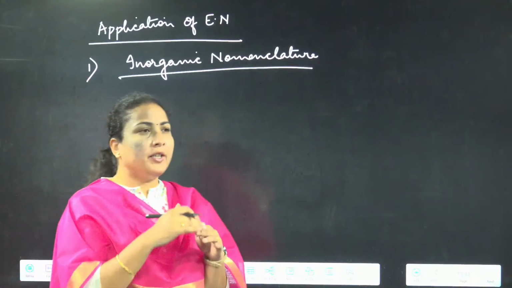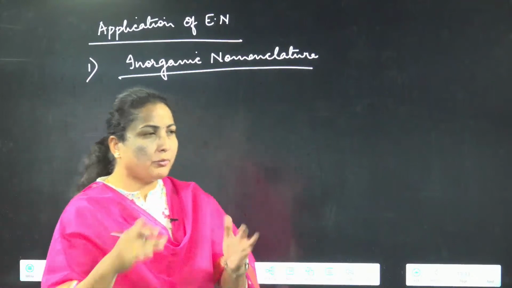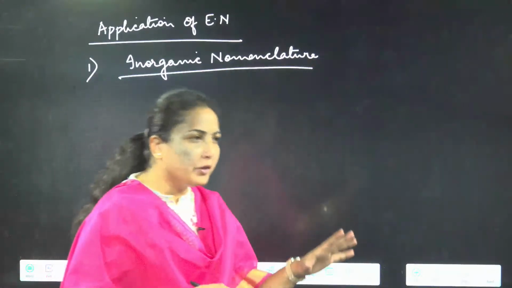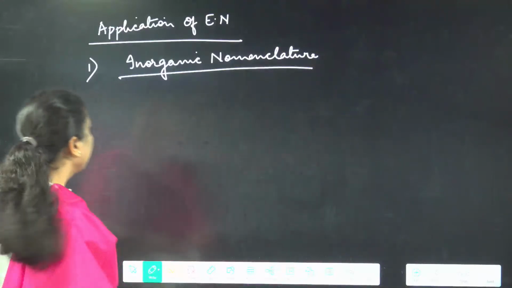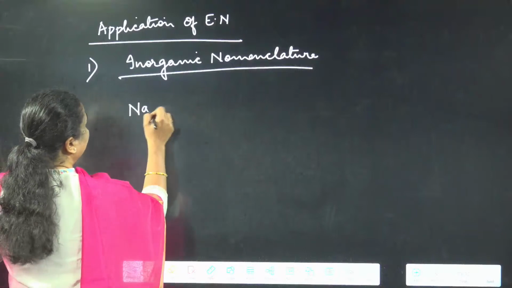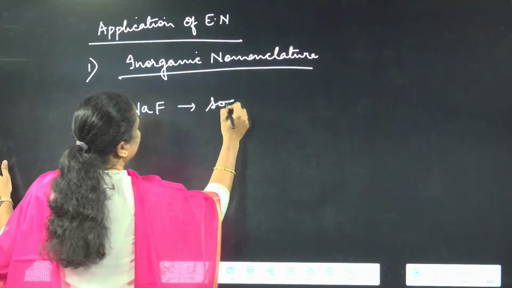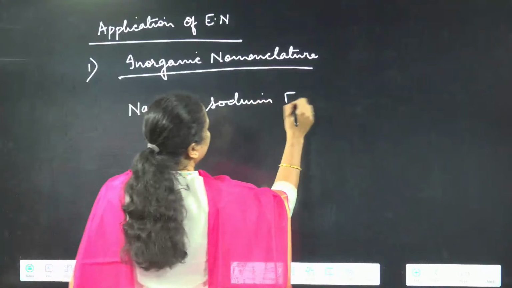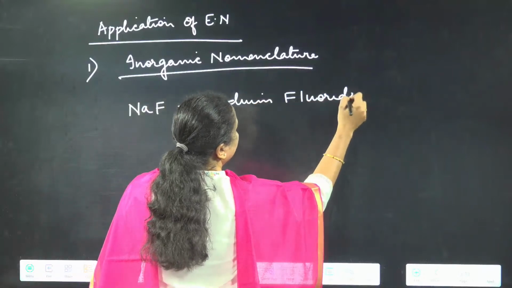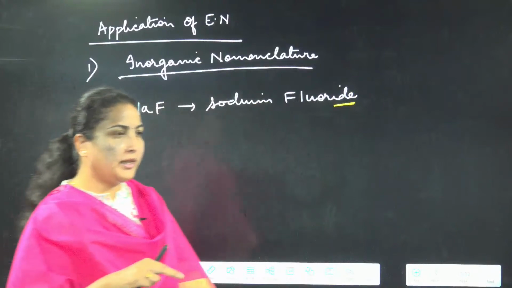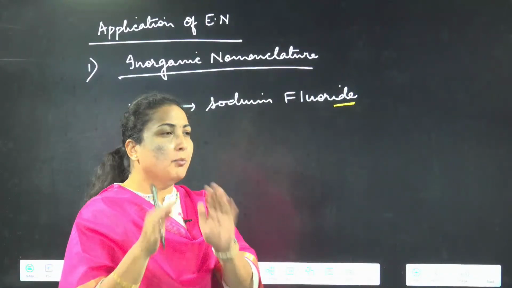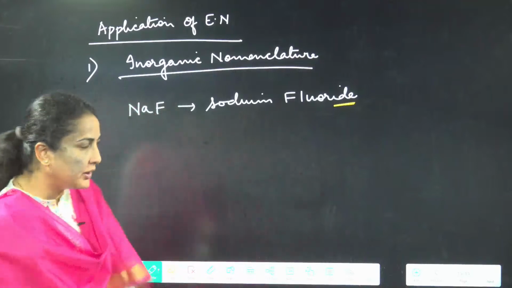Always, from the more electronegative element we expect that an anion will be formed, and its name should end with IDE, right? So if I write NaF, I write this as sodium fluoride. Fluorine, being more electronegative, will be F minus. The more electronegative element name should end with IDE.